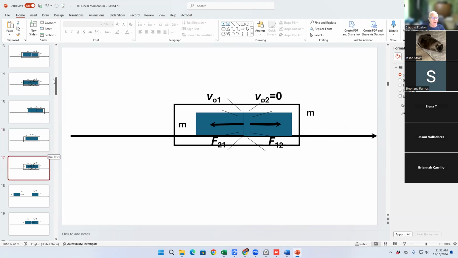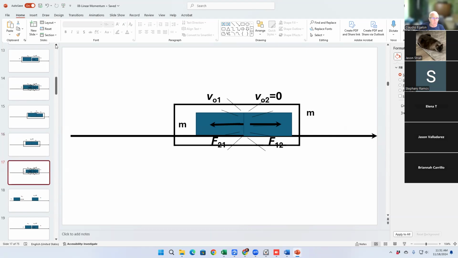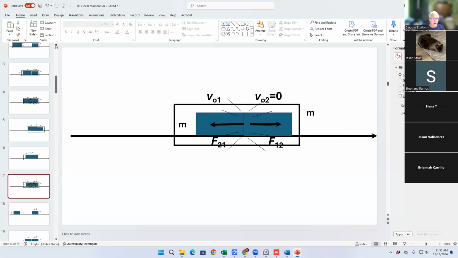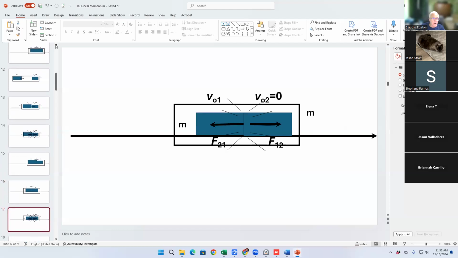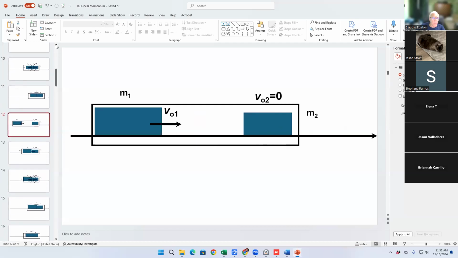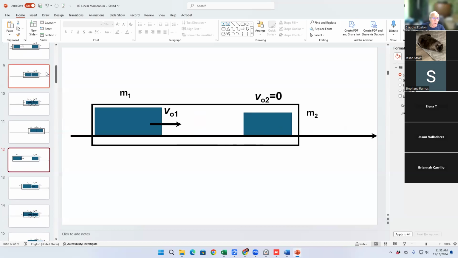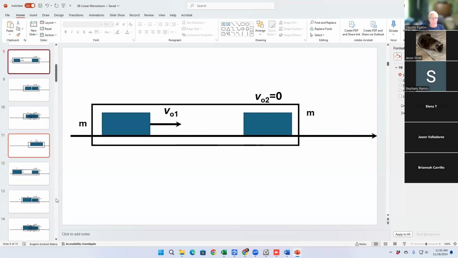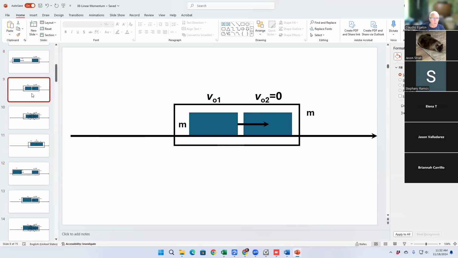And after this force, the two objects move away from each other.